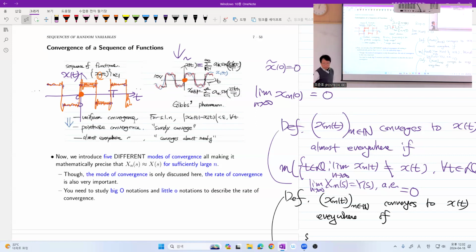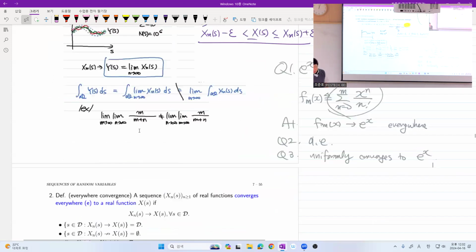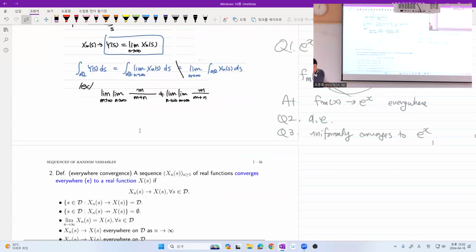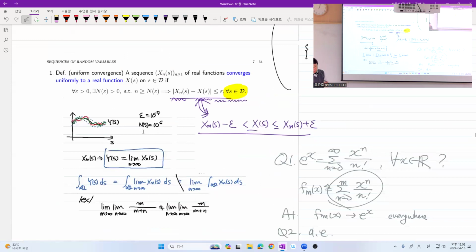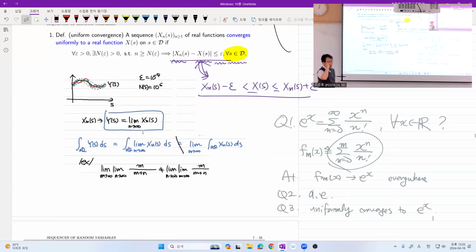So we have introduced 3 definitions. The first one is uniform convergence. And it seems very, very strong, because you see that using a single epsilon, you can bound the distance between xn and the limit for every x in the domain, or every s in the domain in this case.